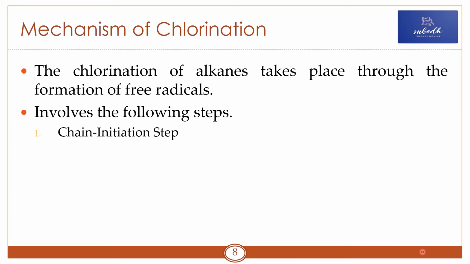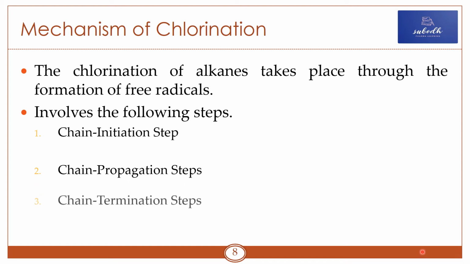This step involves the formation of chlorine free radicals. The next step is the chain propagation steps, which involve the formation of methyl chloride and chlorine free radicals. The last step is the chain termination steps, in which the reaction ends.